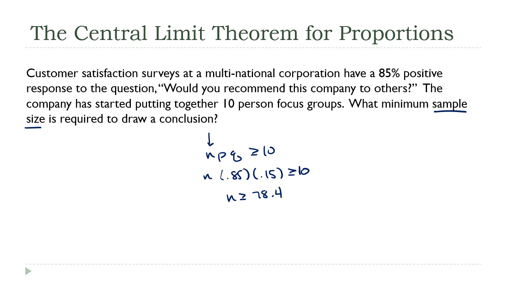And remember, when we're doing things like this, smaller, we've seen, if you go too small, it's not going to work. So I am not going to round down to 78. 78 is going to give me slightly less than 10 in this calculation. So I'm going to round up and say they need to survey at least a group of 79 customers.